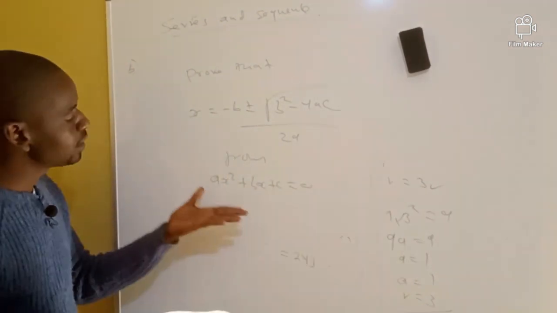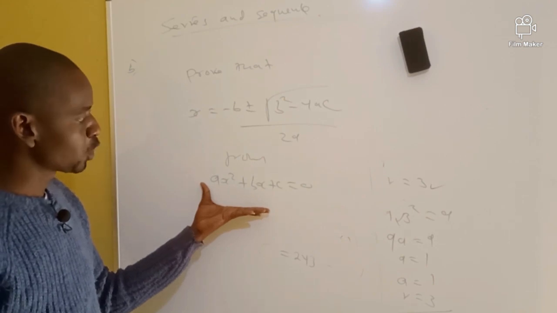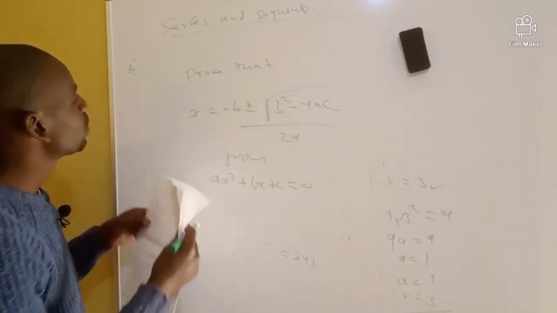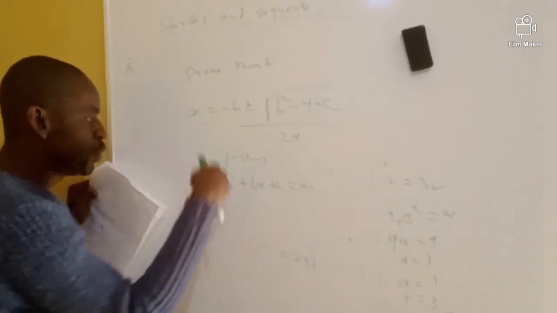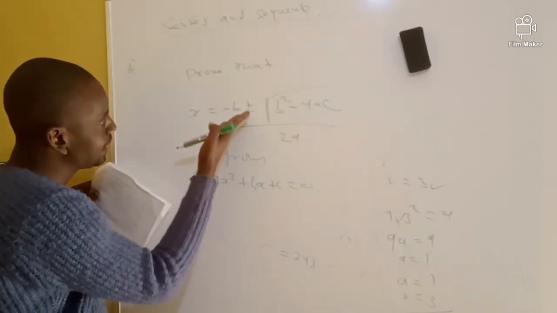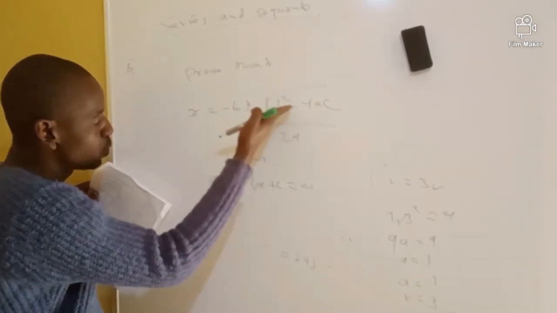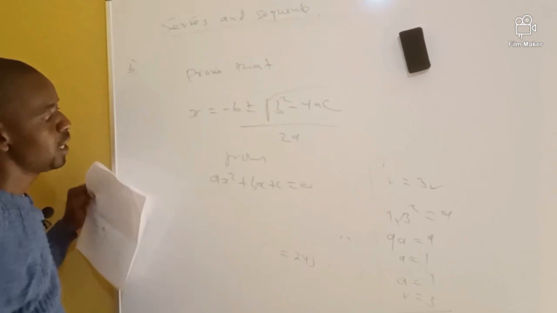So class, you see this is a quadratic equation and this is the quadratic formula. So we need you to prove that you can get x is equal to that from this equation.